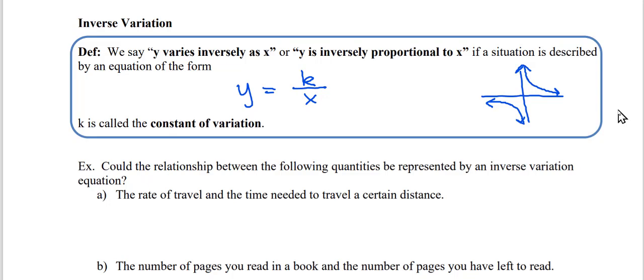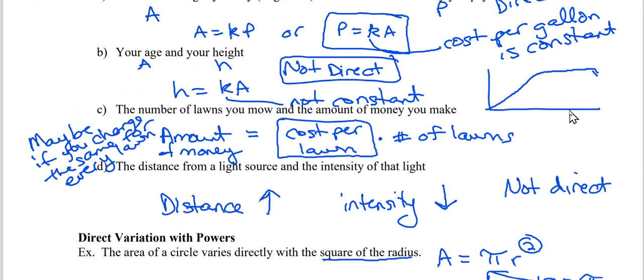Many situations that we look at, not all, but many, require the variables be positive, so you're looking at this relationship. And it's not just about increasing or decreasing. One thing I should emphasize about direct variation, I said that was a linear relationship back here, and that is true.